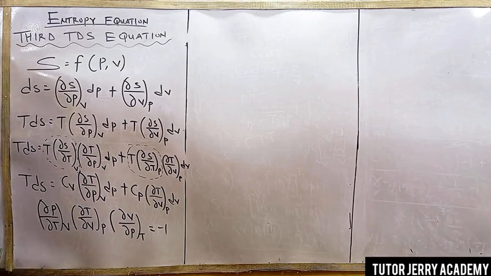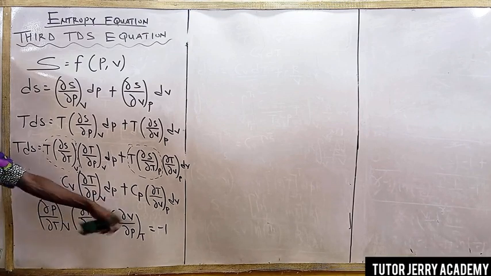everything equals -1. Now let's check the partial derivative of T over the partial derivative of p. Look at it here, we have the partial derivative of p over the partial derivative of T, inverse. Since it is inverse here, let's take the inverse of everything.